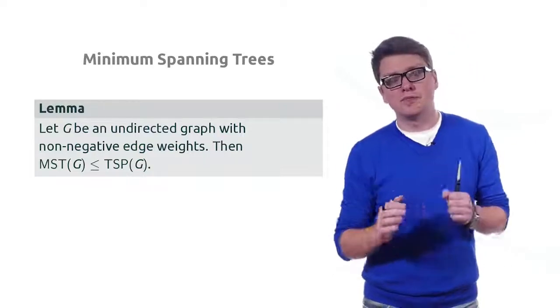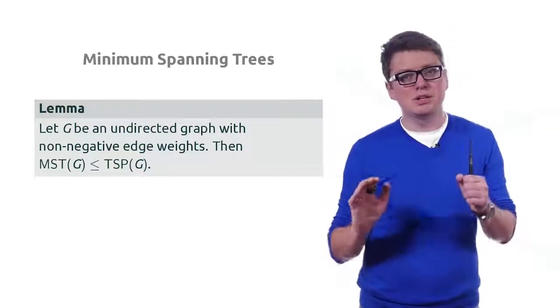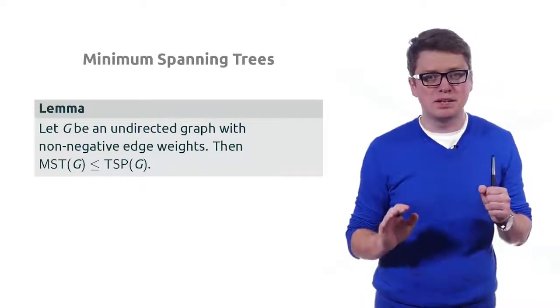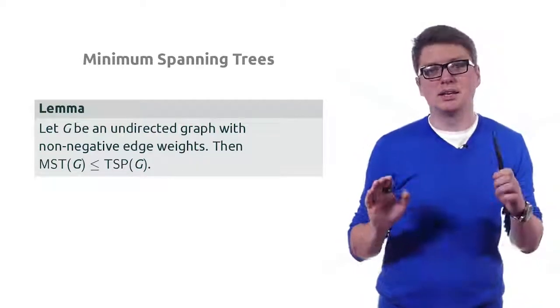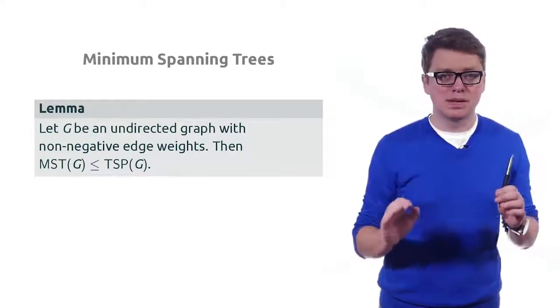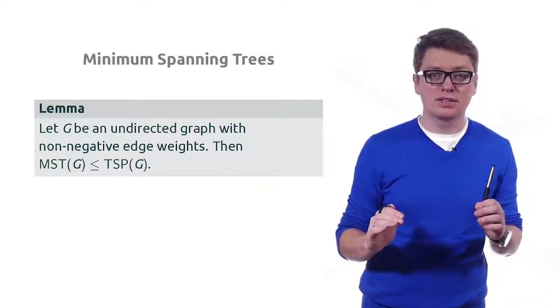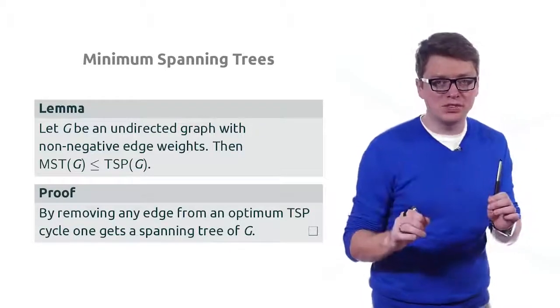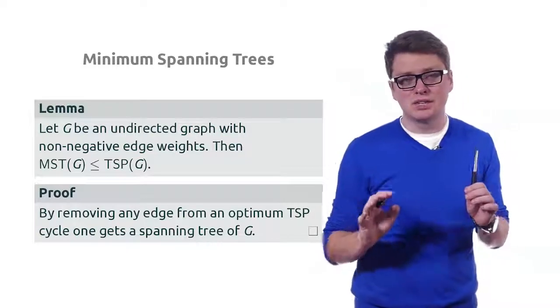Okay, so first of all, let me remind you that for a non-directed graph, we know that the weight of the minimum spanning tree is at most the length of the optimal traveling salesman cycle in this graph. Okay, and this is true not only for metric graphs but for any graphs. And the reason is simple.